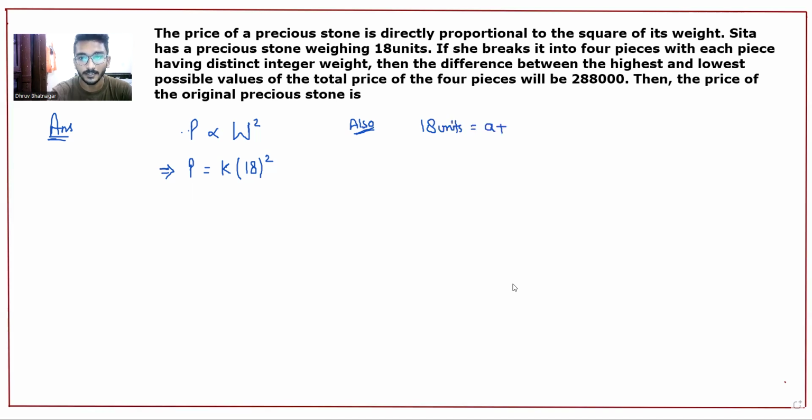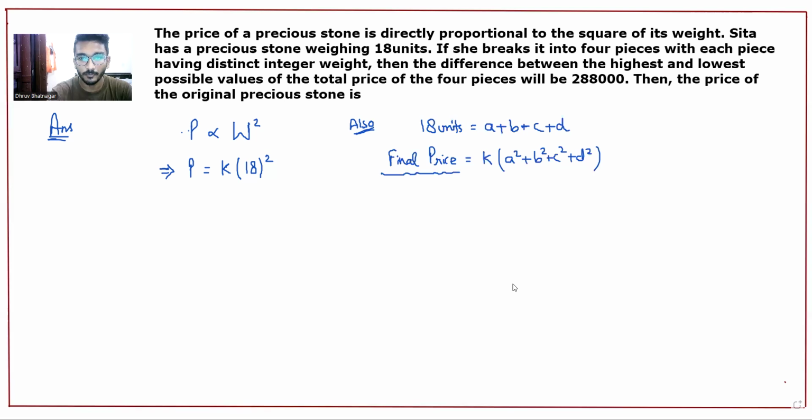Let's suppose A, B, C, D. So the final price will be something like k times the sum of the squares of the weights, that is A square, B square, C square, and D square. I hope this information is clear.